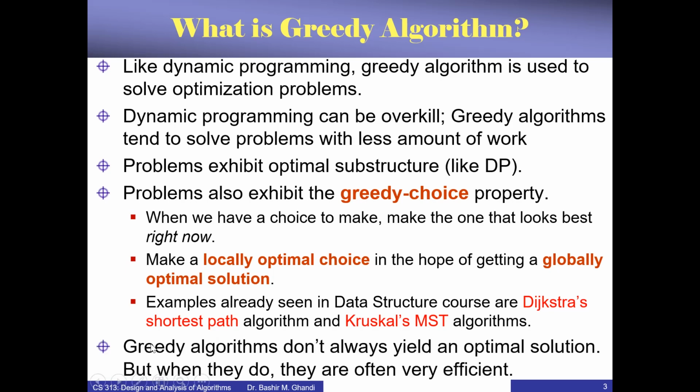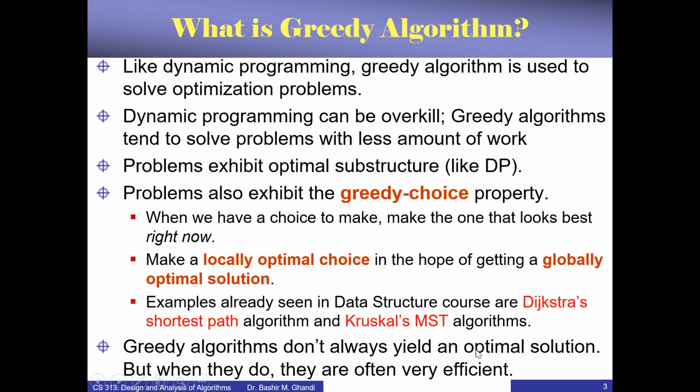The final point to make is that greedy algorithms don't always yield an optimal solution, because what you are doing is more or less like gambling, but not really, because you are making the choice based on some attribute that you can see of the problem. Intuitively, you think if you take this, it will lead you to an optimal solution.